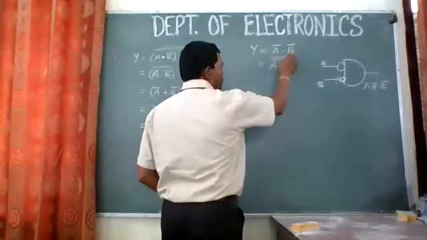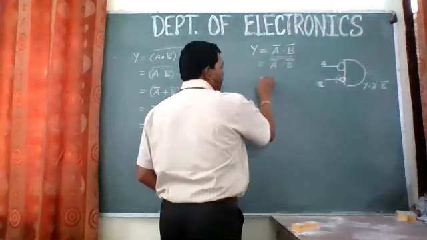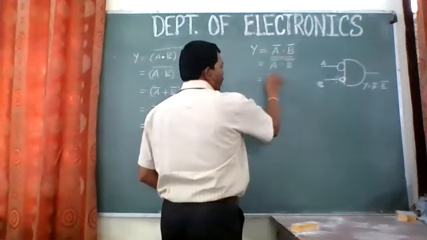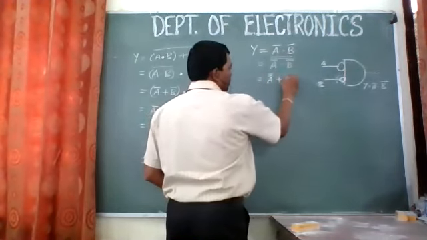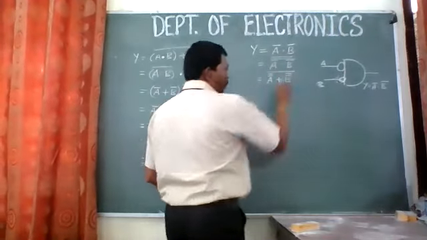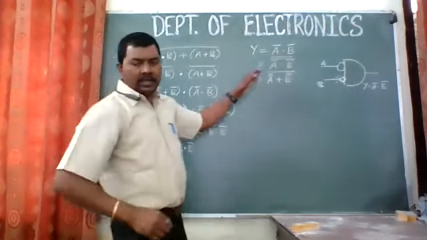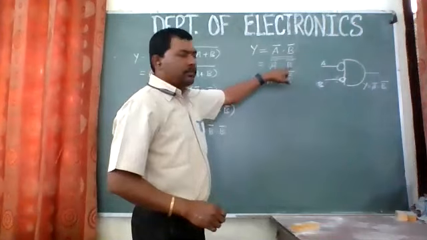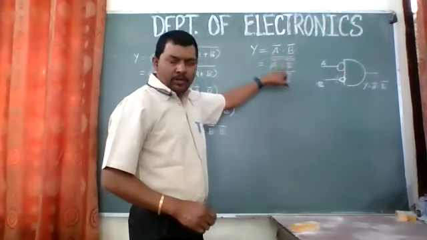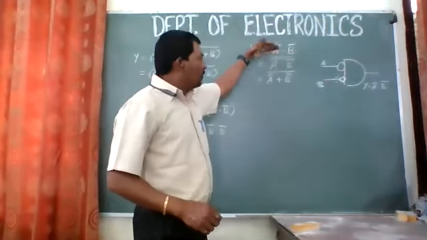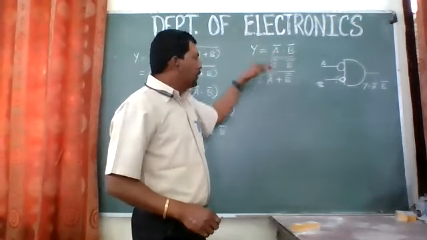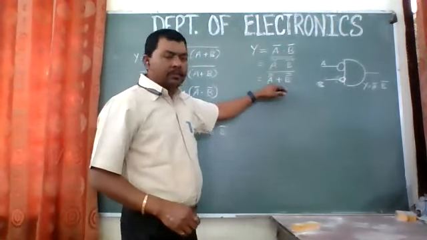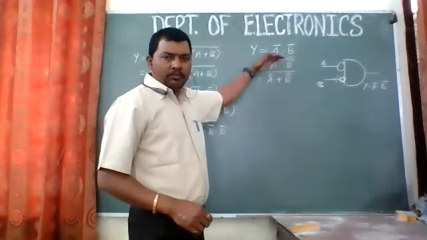If you reduce this by double complement, then we can have A complement double plus B complement double, whole complement, right? We can write like this: A complement dot B complement, double inversion. One of the complements can be reduced, so A double complement plus B double complement, whole complement.